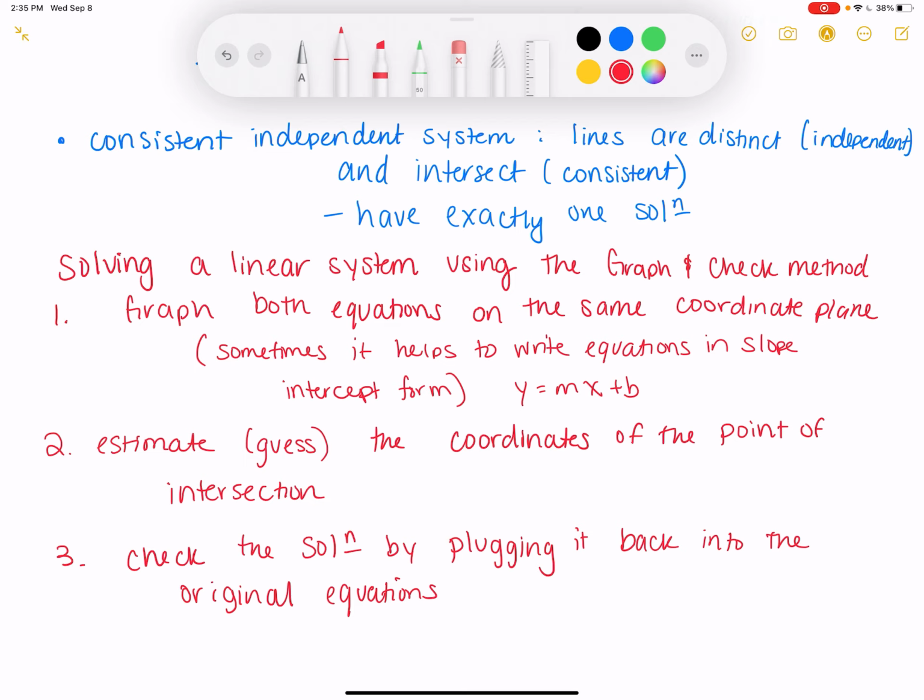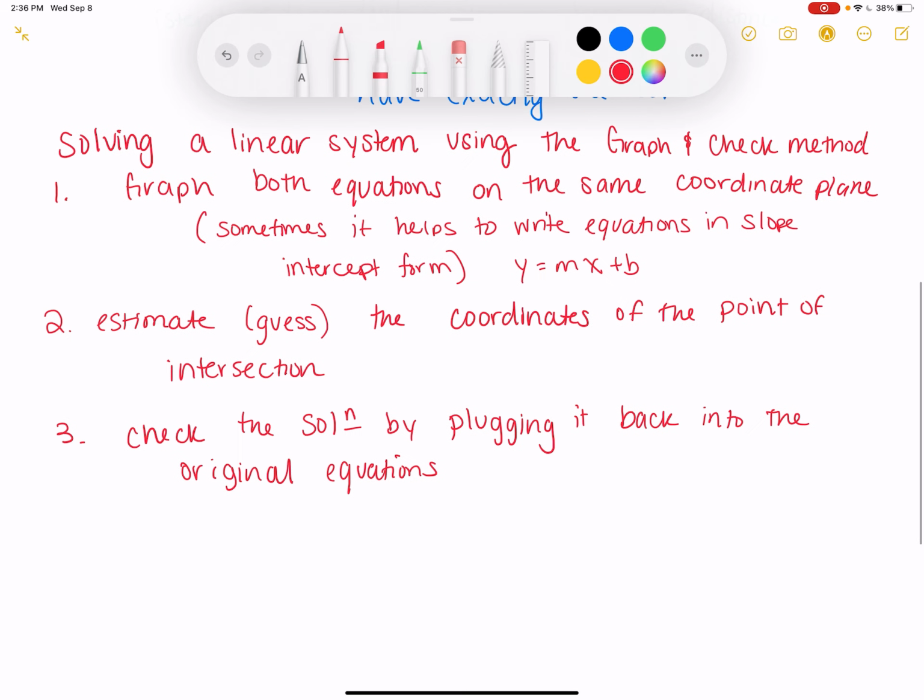But the check part guarantees that your answer is right because you plug it back in and you can see right away if your answer is right. So as we go through problems, I'll show you how to know for sure that your answer is correct. Let everybody get that down before we start doing a few examples.